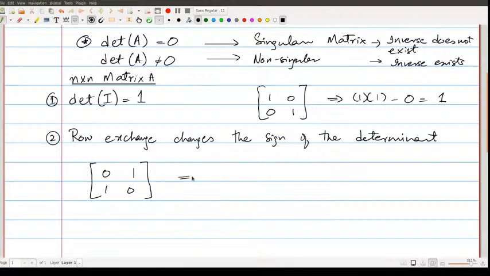Now if I compute the determinant, this is 0 times 0 minus 1 times 1. So that's minus 1. So even in the 2 by 2 case, that also verifies.